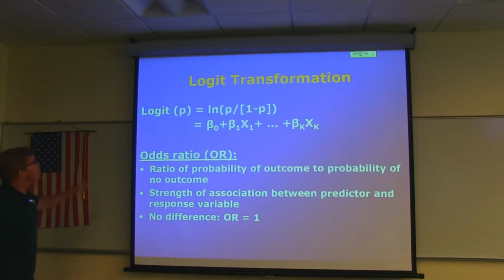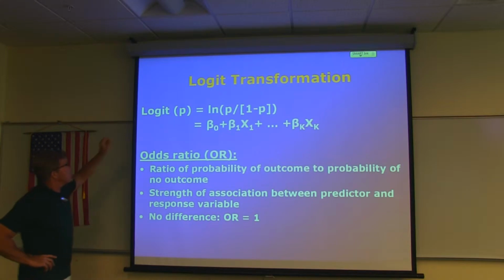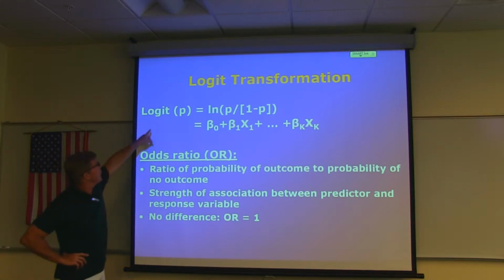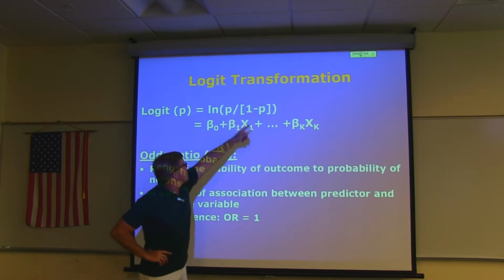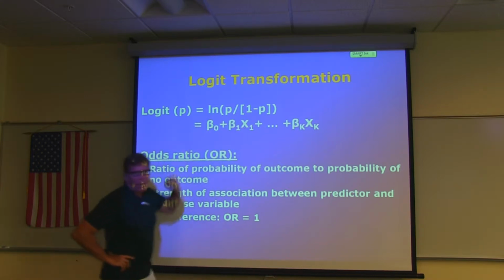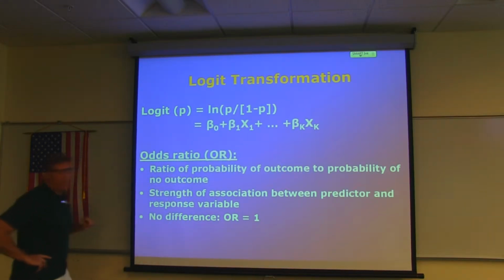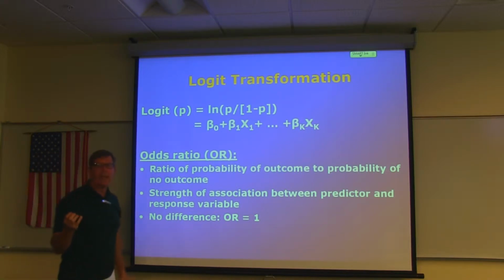And we're going to be dealing with a dependent variable that's actually referred to as logit P, okay? And it's the natural log of the odds ratio. So this ln is natural log, and the only difference between a log, which we know has a base of 10, and a natural log is that the natural log has a base of 2.72.